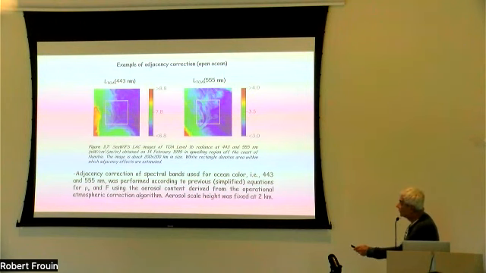And I want to show this example because it's in the open ocean, where we think there might be no adjacency effect, there's no land, it's clear, no clouds, nothing. It's an upwelling region, off Namibia. So this is the region of the upwelling where you have a low reflectance at 443 nanometers, low radiance, 555 nanometers.